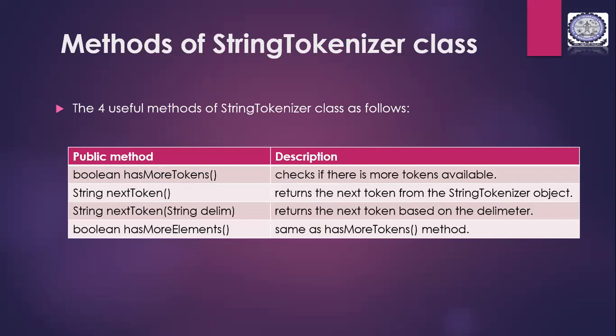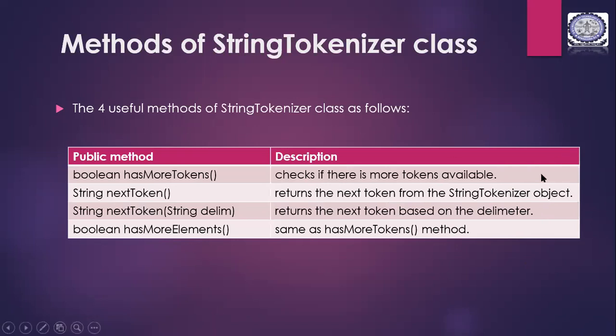Next is String nextToken, which returns the next token from the StringTokenizer object. StringTokenizer is a class, so you have to create an object for it. The string given to the str value becomes this object's str value.